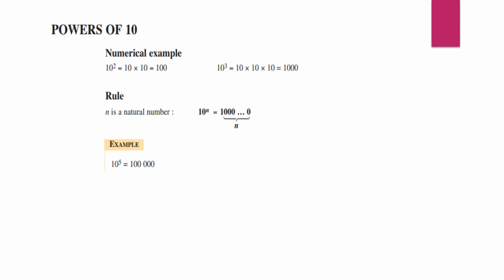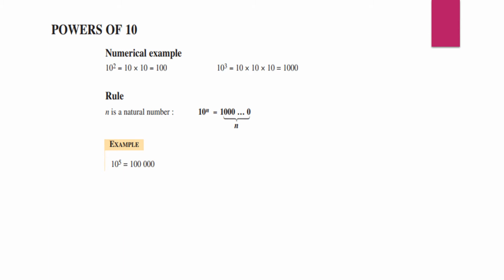So it becomes 100,000. Rule, N is a natural number. 10 power N is a power of 10 because the base is 10. The exponent is N, which means we have N zeros beside 1.